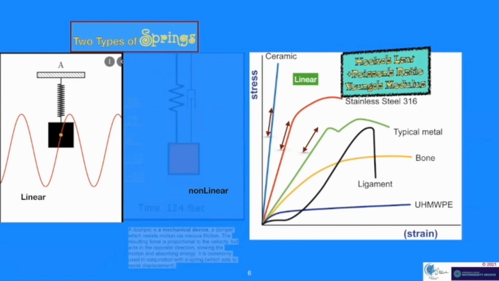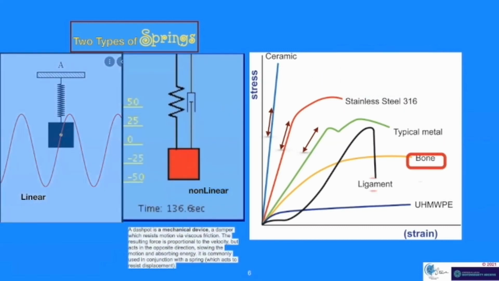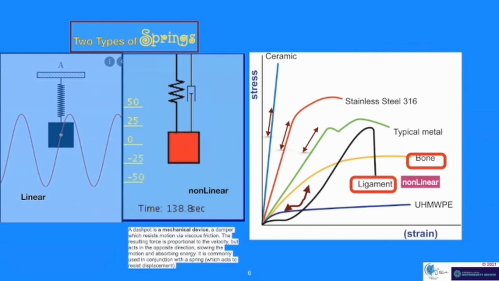But if you then look at things like bone and ligaments and biologic tissues, you end up with these modeled as a spring and dashpot instead, which is nonlinear and has a different relationship. And that curve, instead of being straight like these, comes out wiggly, whatever shape happens to be at the moment. It's not a constant.